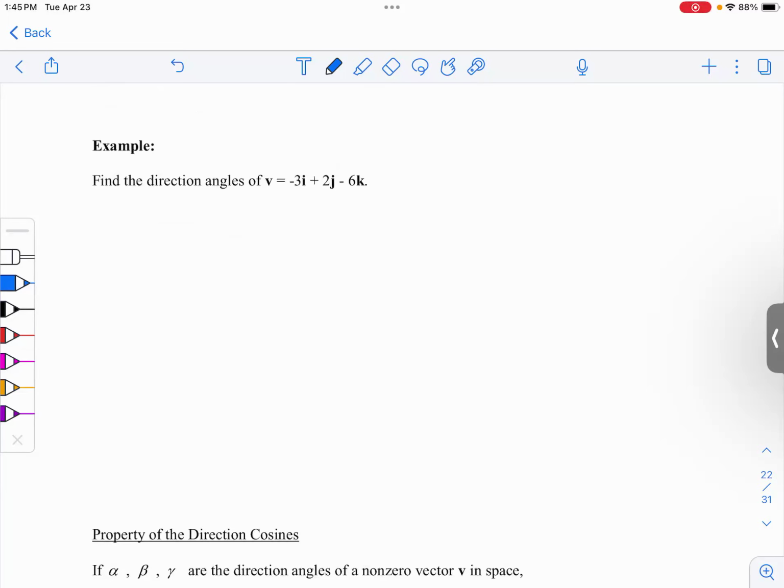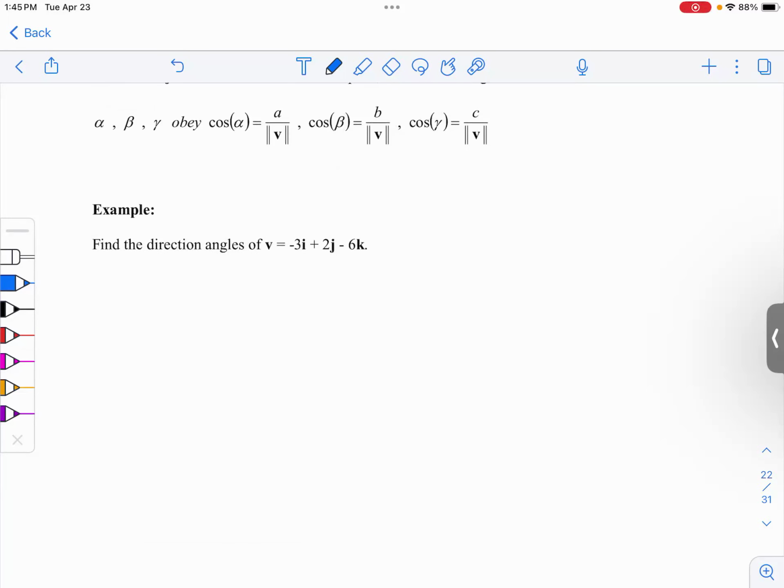So that's why, again, my point is we trust the math. So in this case, I can find the directional angles of each case. Cosine of alpha equals, let's find the magnitude first.